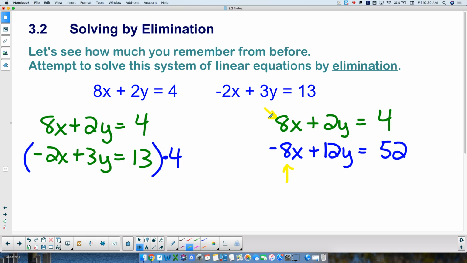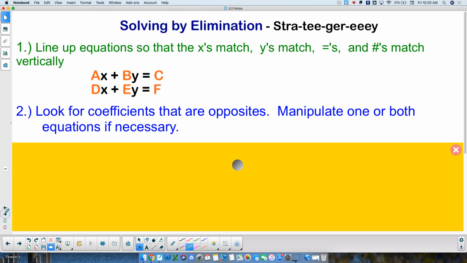Okay? I could have also multiplied the top equation by 3 and the bottom equation by negative 2. We eliminate the y's. So then I would have had a positive 6y on the top equation and a negative 6y on the bottom equation. Okay? So that's what we mean by manipulating those equations.